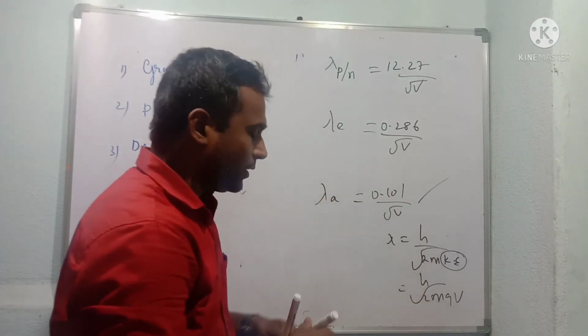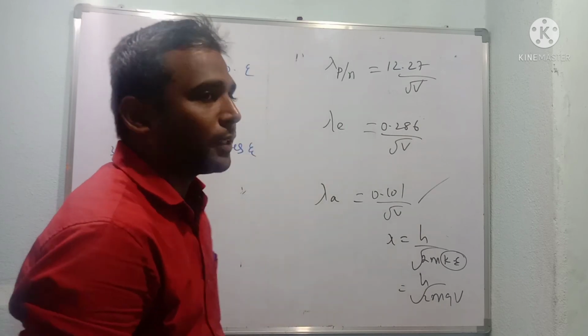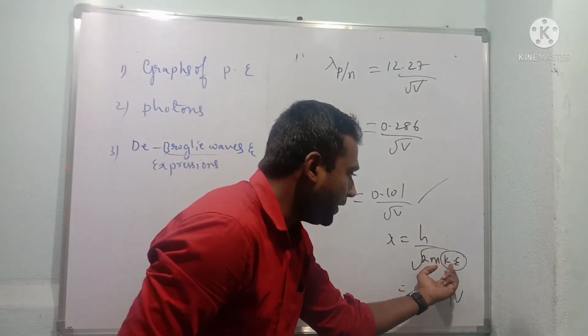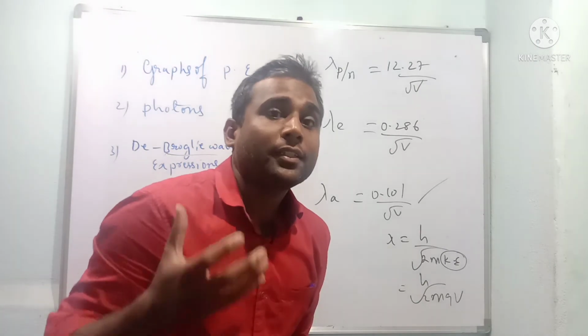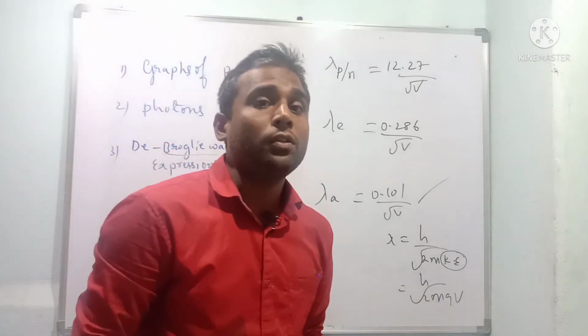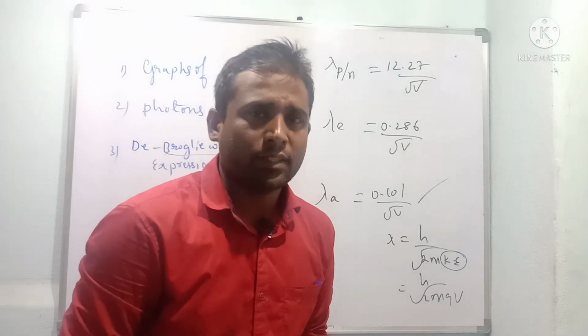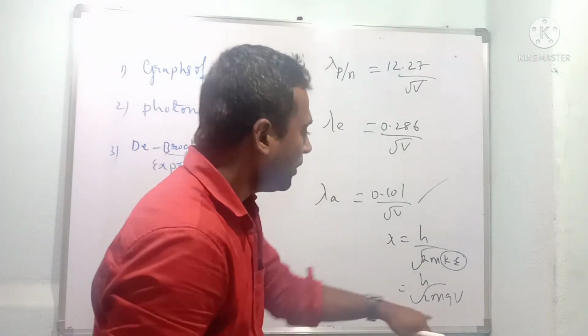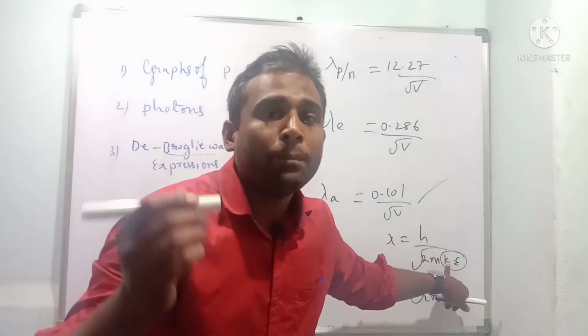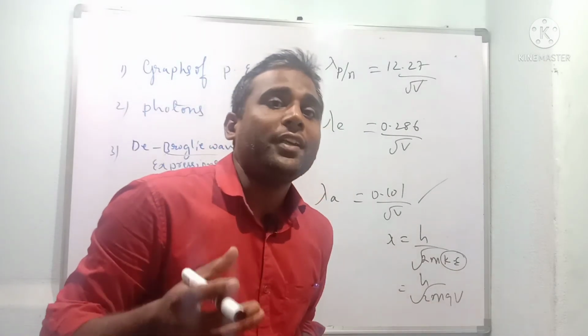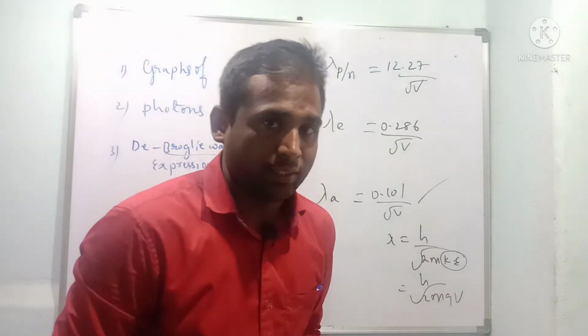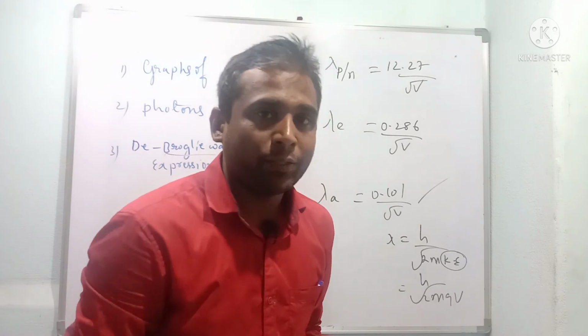Very important. After writing this, last but not least, what is the de Broglie expression for the kinetic energy of gaseous molecules? They will ask you for 1 or 2 marks. According to the equipartition theorem, the average kinetic energy is equal to ½kT, and for 3 dimensions, 3/2 kT.